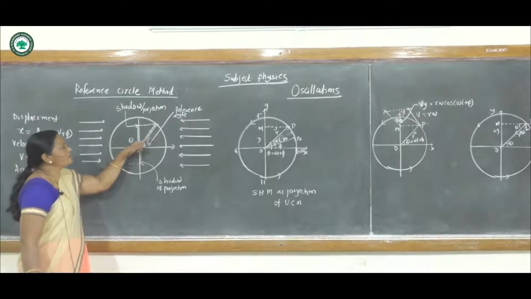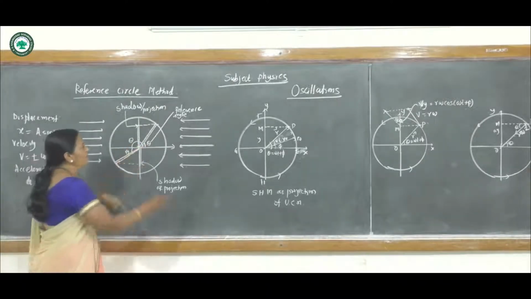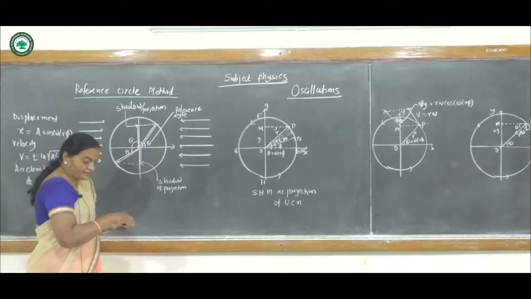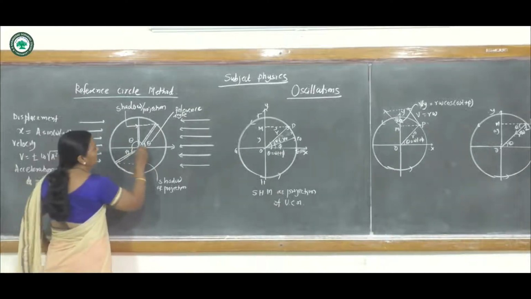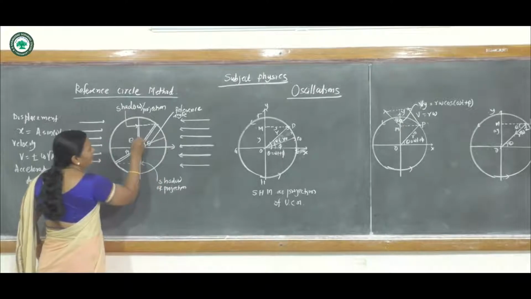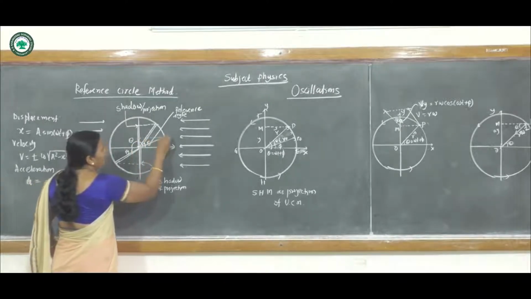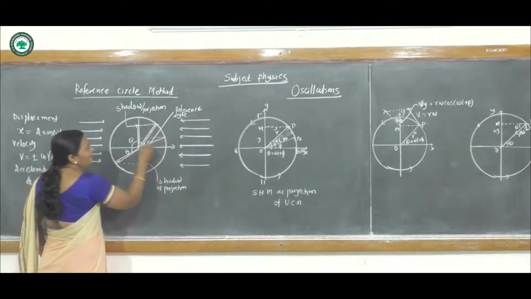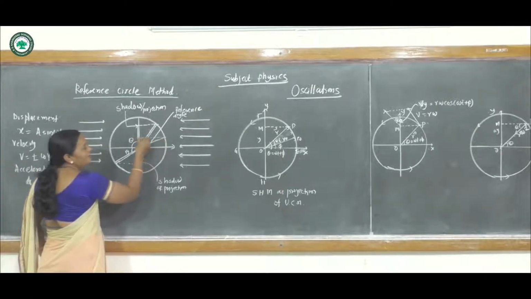Now suppose this rod revolves through angle theta, and suppose its initial position is here. Then the projection is like this. This is the rod and this is the projection.